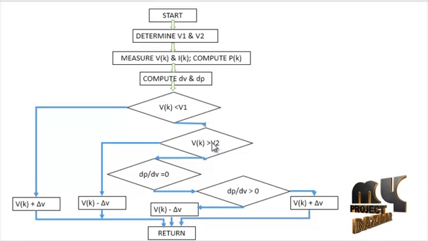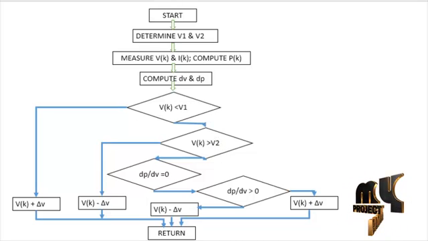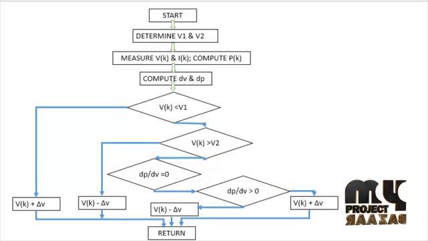If that condition is satisfied, then check dV/dV is greater than 0. If that condition is satisfied, then V(k) is added with the incremental voltage. If not, then V(k) is subtracted by the incremental voltage. Then the overall process will be stopped.